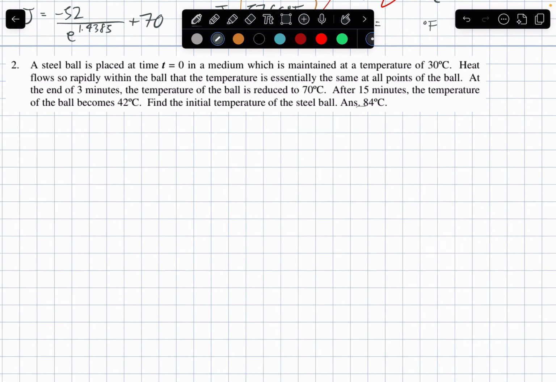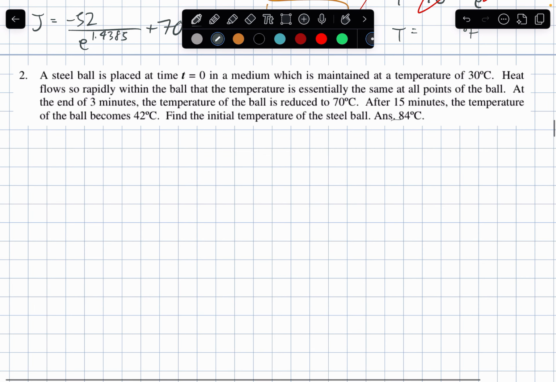Steel ball placed at time equal to 0, maintained at temperature 30 degrees Celsius. Minutes. This is temperature. Sorry. This is temperature in degrees Celsius. Heat flow.